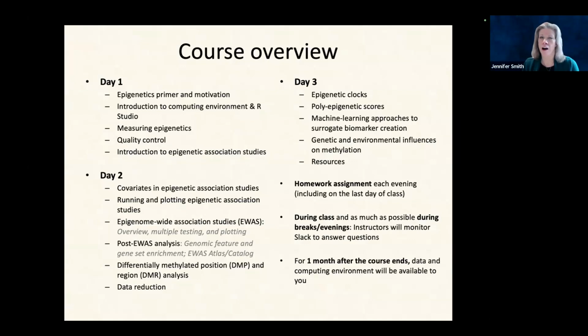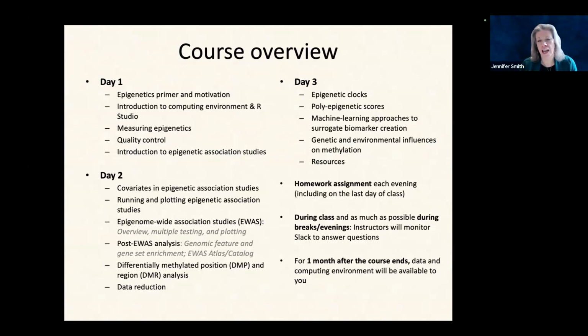We'll talk about what you do with those results after you run the association studies, looking at the biological implications of things that you find, or what other people have found with the epigenetic sites that you found that are interesting. And then we'll look at different ways of doing an epigenetic analysis, for example, looking at big regions of the genome at once.